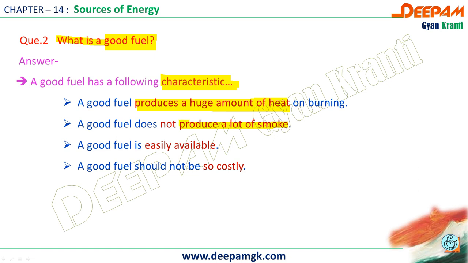Without producing smoke, it should burn, so that it will be helpful to our nature and our atmosphere as well. A good fuel is easily available or accessible. And lastly, a good fuel should not be so costly. It means it should be economical. All these points are the same as given in the first question.